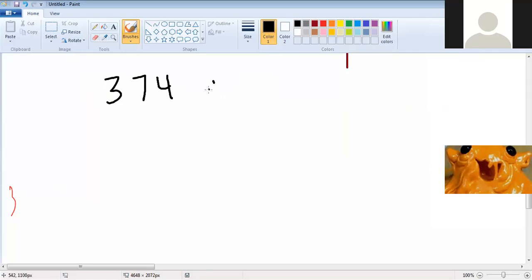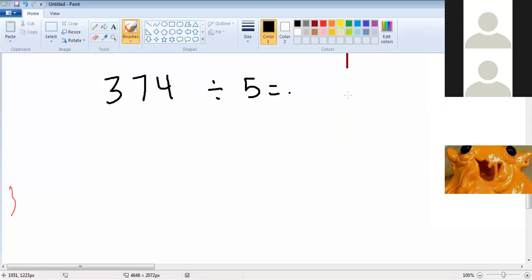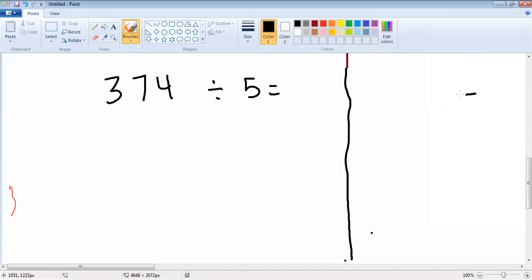374 divided by 5. Okay. Can you do it with me? Yeah, like this. 374 divided by 5. Explain it to me. So, what do you multiply by 5 to give us 3?